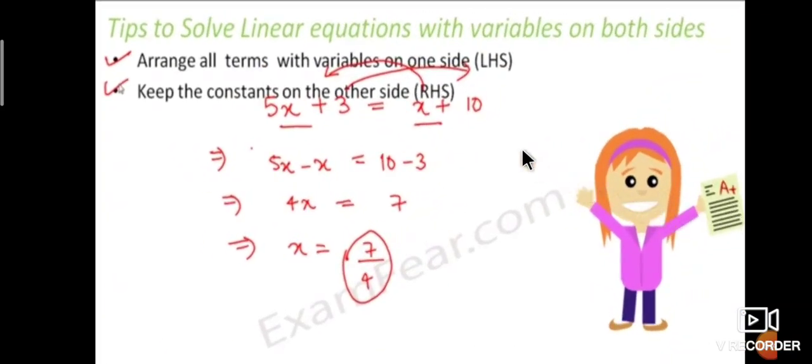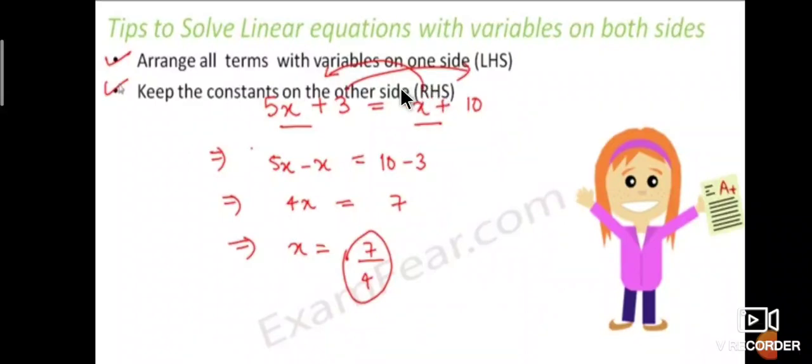Next one, students, is to solve the linear equation with one variable. Solve the linear equation 5x plus 3 is equal to x plus 10. Here arrange the terms with the variable on one side, LHS, and keep the constants on the other side. You remember this one, students.